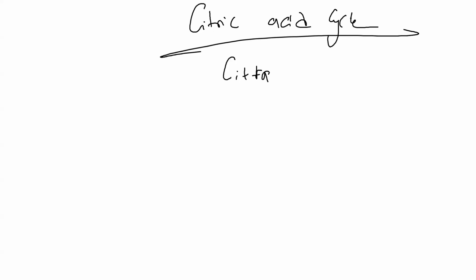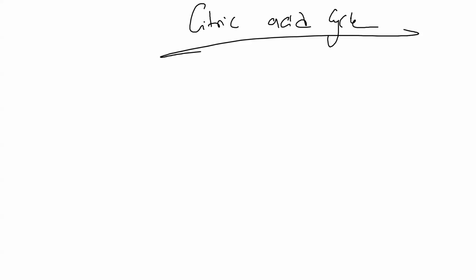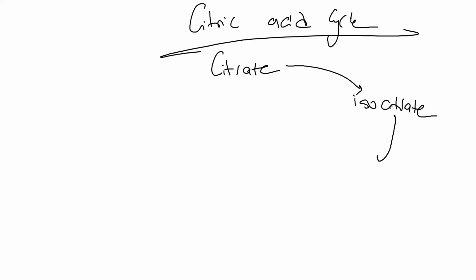Here also you should memorize everything. We have isocitrate, and then it will become alpha ketoglutarate. And then it will become succinyl-CoA.